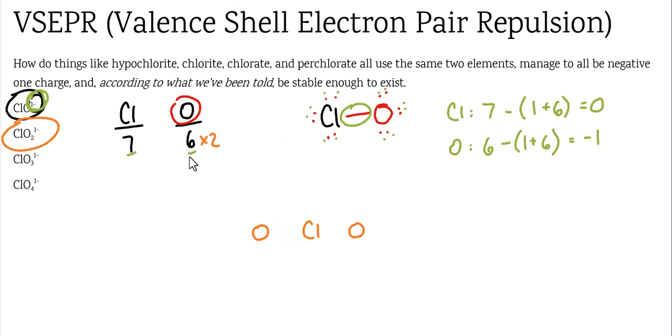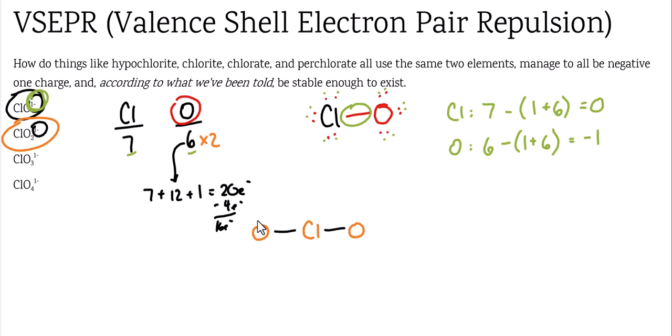Well, we had 7 and this twice, so 12. And hey, there's that -1. And so we have 20 electrons that we can use. So 2, 4 just got used up in bonding. So we used up 4. Got 16 left to use. Go ahead and sprinkle those around as lone pairs.